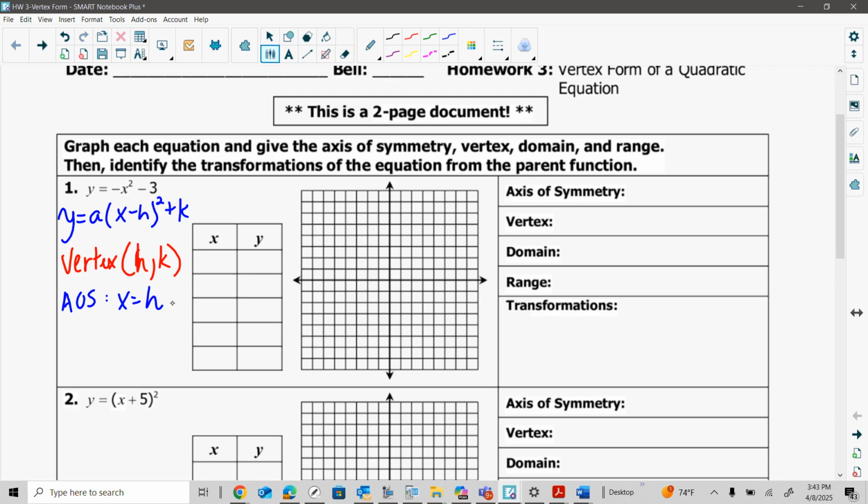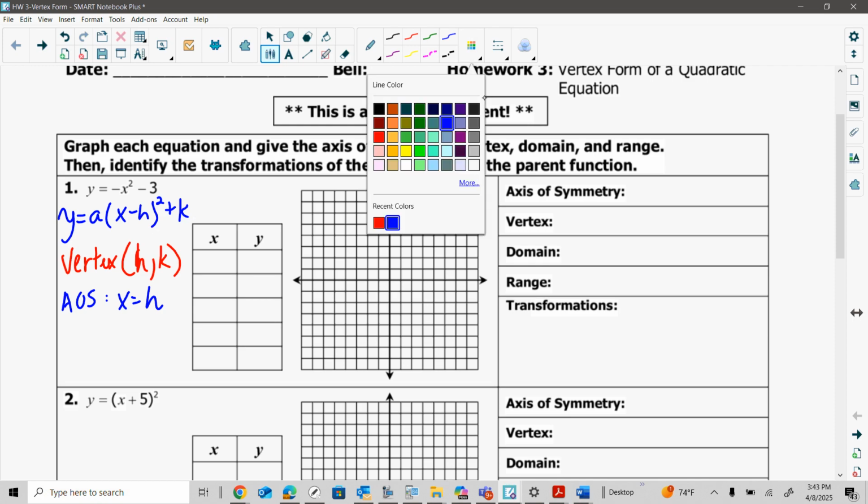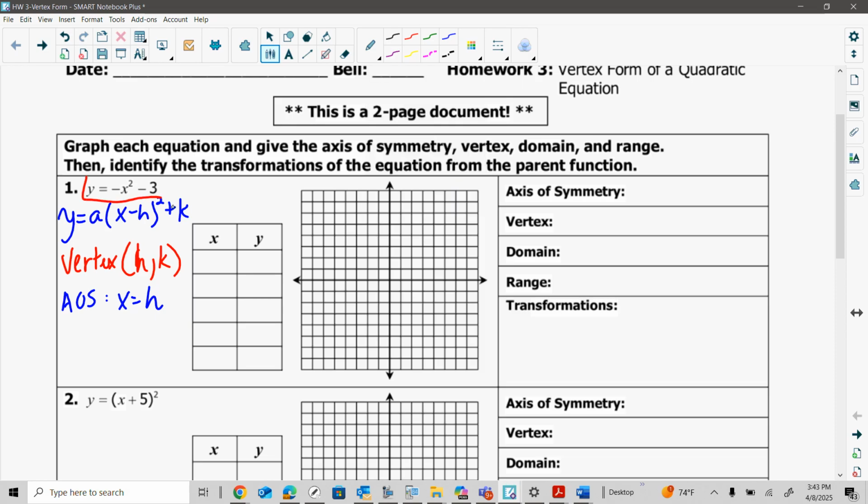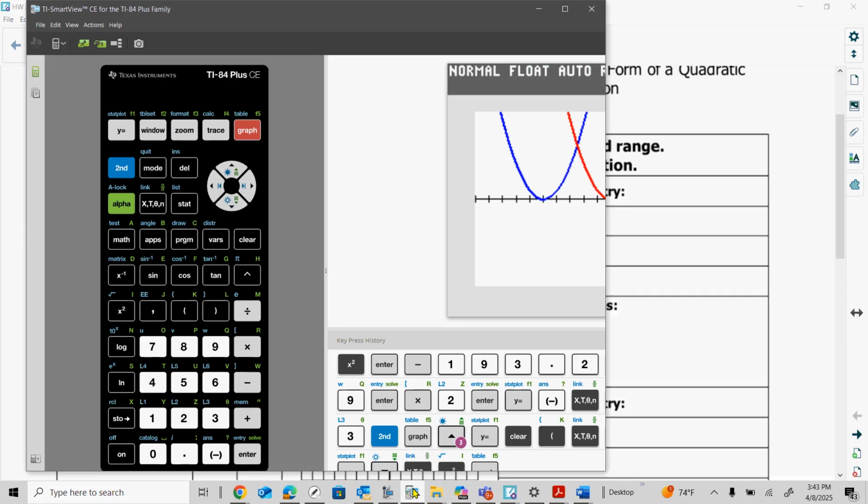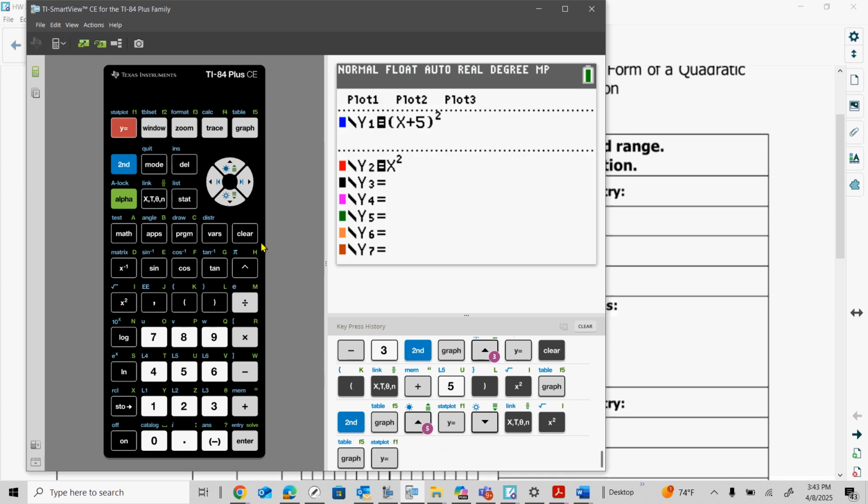But let's say we still don't understand how to get the h and the k. Then you have to keep it simple and just focus on the equation. Put that in the calculator. So let's talk about our calculator. We put a y equals here. We clear it out. Our negative sign is down here by the enter sign.